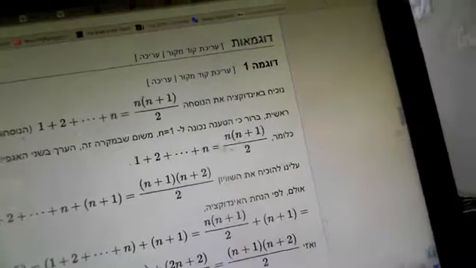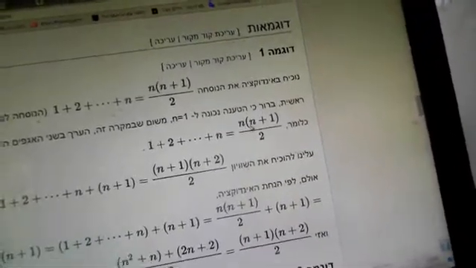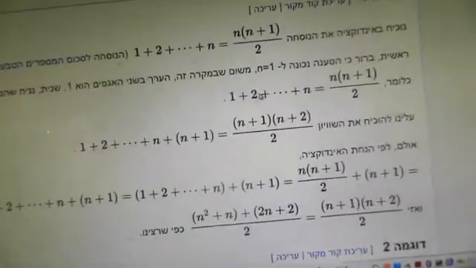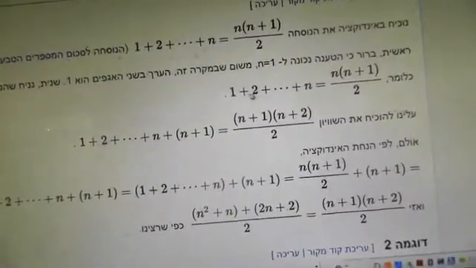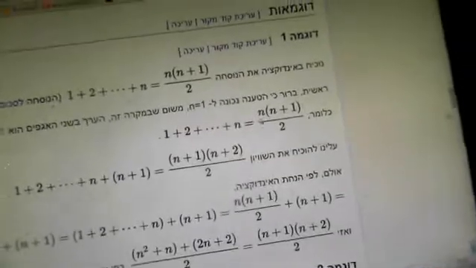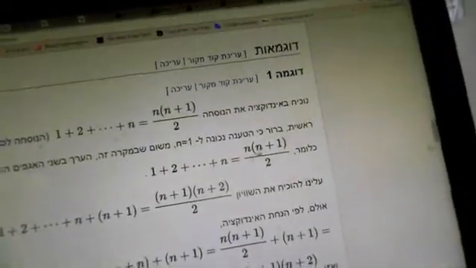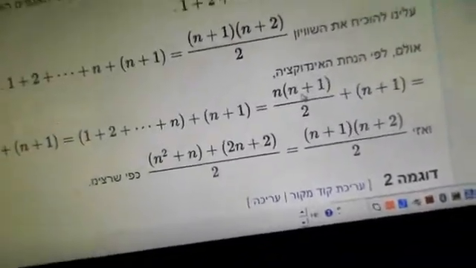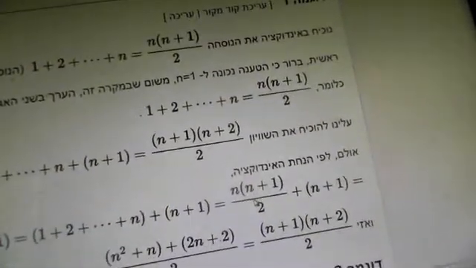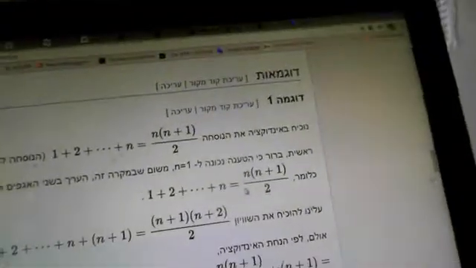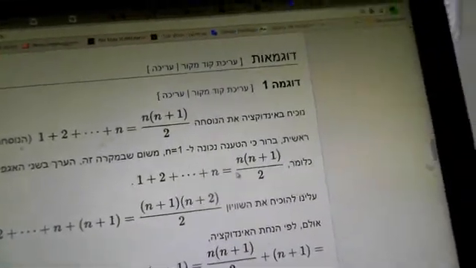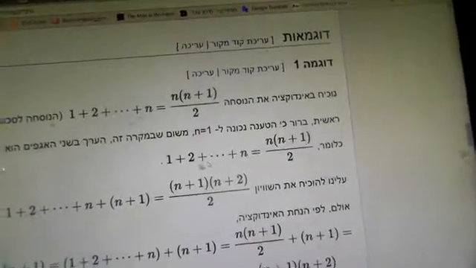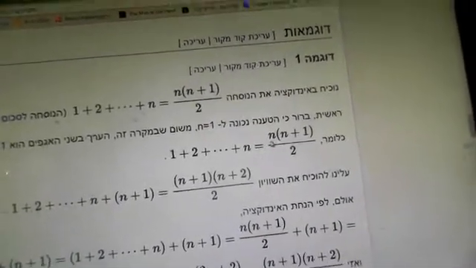So we substitute, we change, instead of this, the left side of the equation, we wrote the right side of the equation there. We can do it because our assumption is that that equation is true.